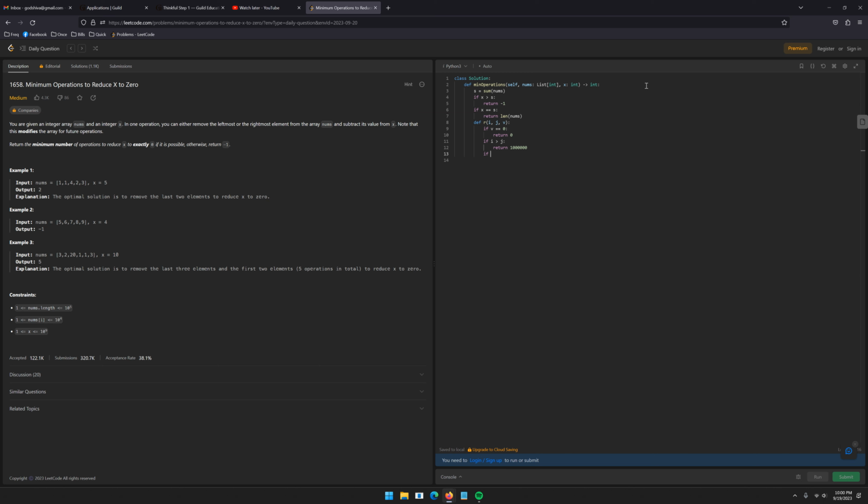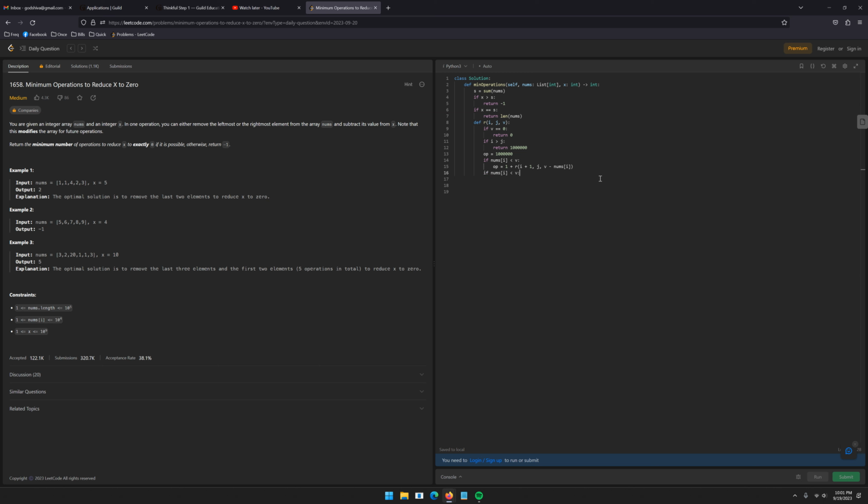So now, if nums of i is less than v, then we're going to have op equals 1 plus r of i plus 1, j, v minus nums i. So I hope that's pretty obvious what we're doing. We're using the one on the left, and we're decrementing it from the number.